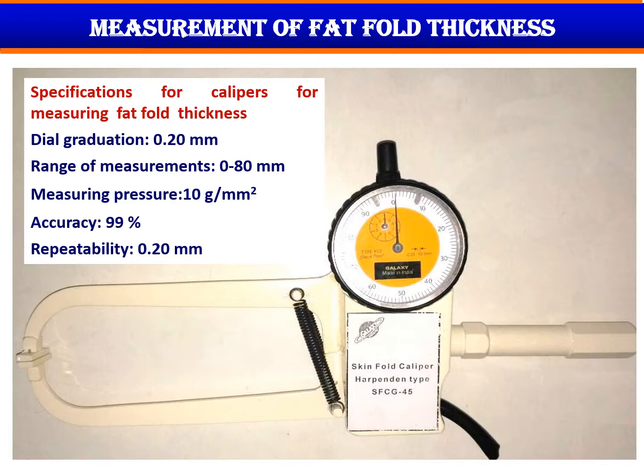The measuring pressure is the crucial single key for accuracy of measurement. It is 10 grams per millimeter square. Accuracy rating for this instrument should be about 99%, and repeatability in the hands of trained, accurate people who have been used to measuring fat fold thickness is 0.2.